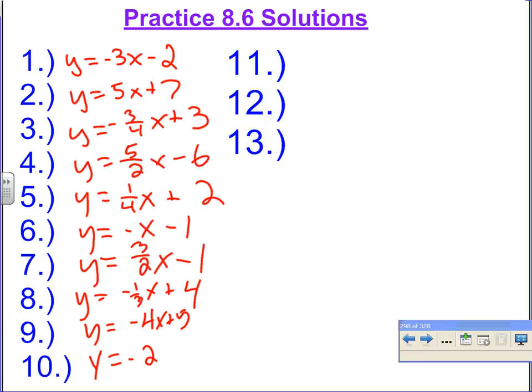Mike, 11. Negative what? Your slope's off. Jackie, what'd you get for 11? Good job. Camille, number 12. Good job. 13, Ray.